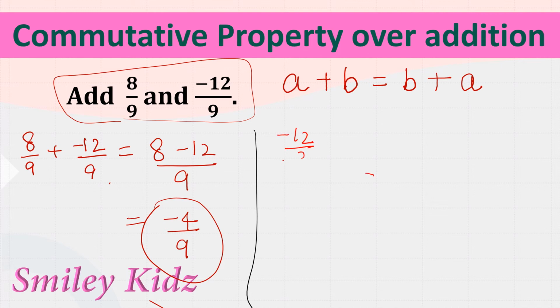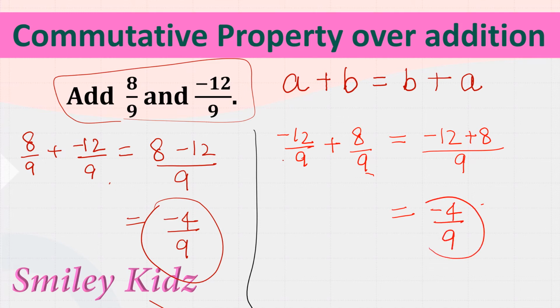Minus 12 by 9 plus 8 by 9 is equal to minus 12 plus 8 by 9. Different signs, subtract. We get minus 4 by 9. So, when we added A plus B, we got minus 4 by 9. When we added B plus A, also we got minus 4 by 9.